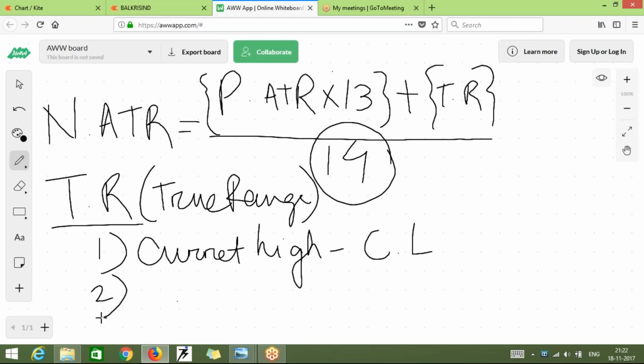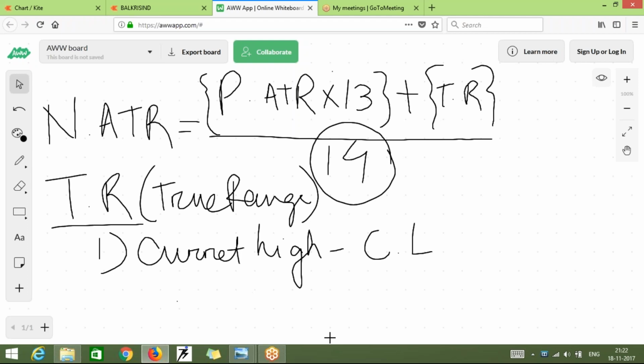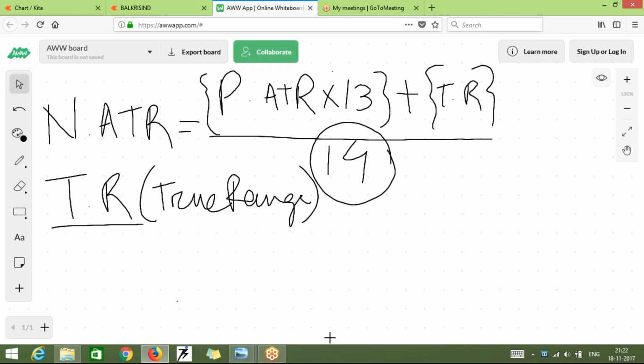The second one is current high minus previous close, and the third one is current low minus previous close. As we are into technical analysis and we prefer charts, let me explain in the form of a candlestick what exactly a true range is.